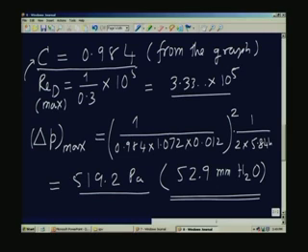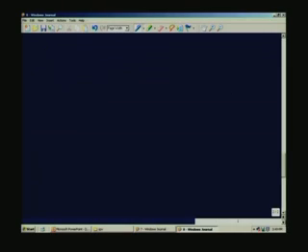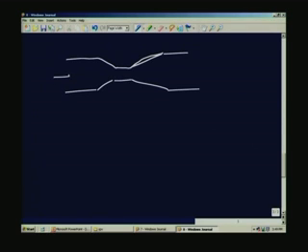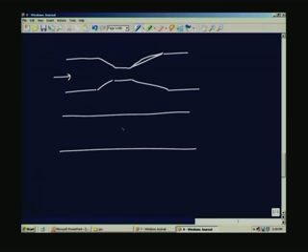Now let us look at what is going to happen if I do the following. I have the Venturi. This is the first case which we did. I want to compare with the case of a nozzle.